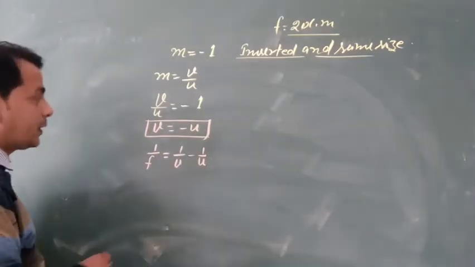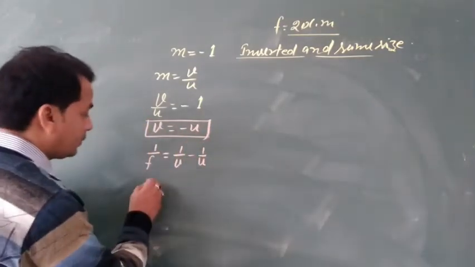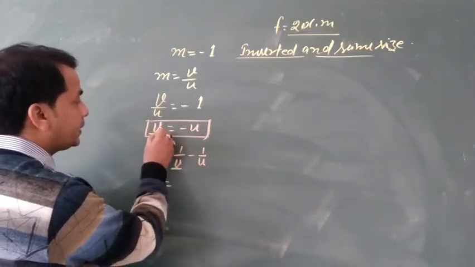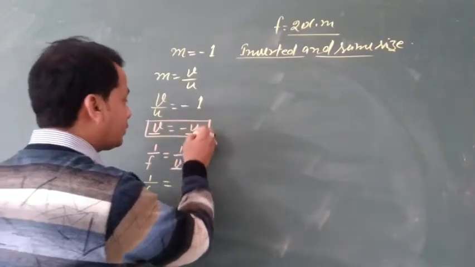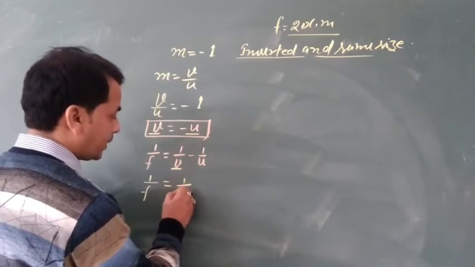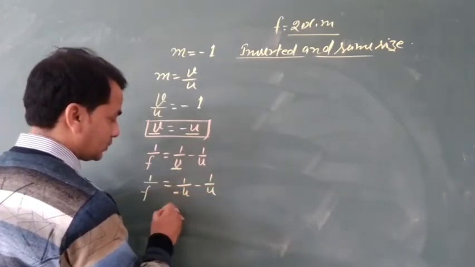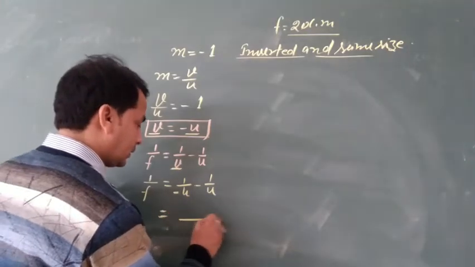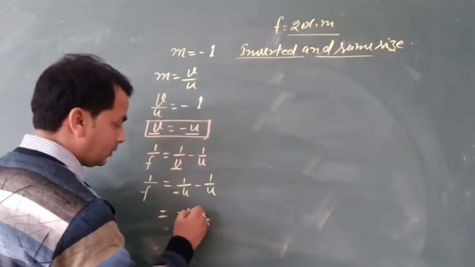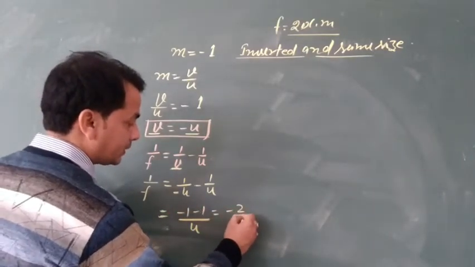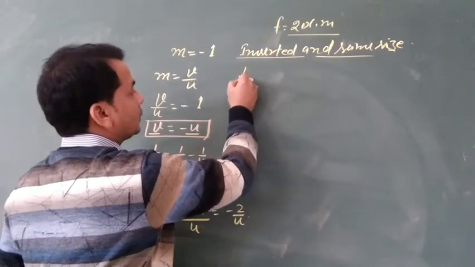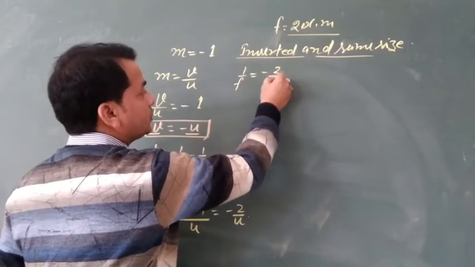Putting v equal to minus u, 1 by minus u minus 1 by u gives minus 2 by u. So 1 by f equal to minus 2 by u.